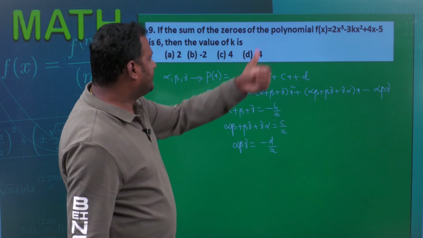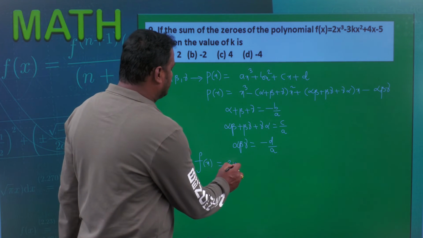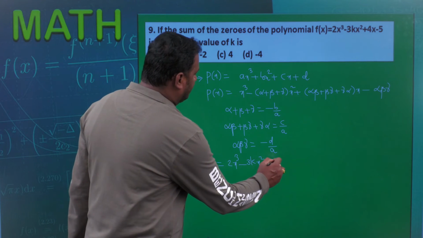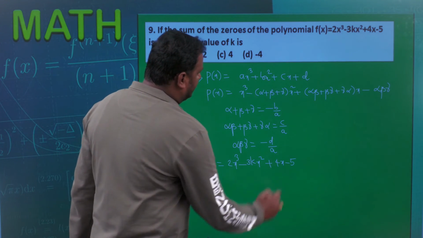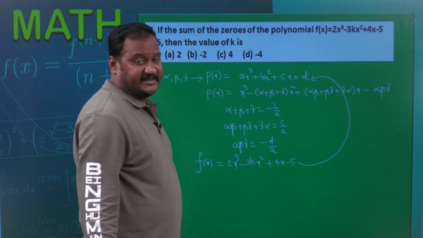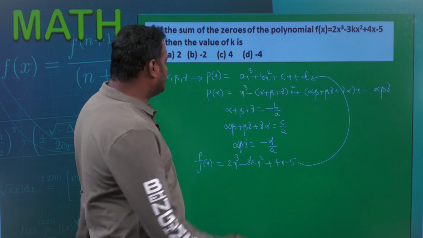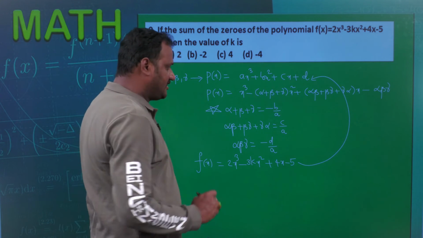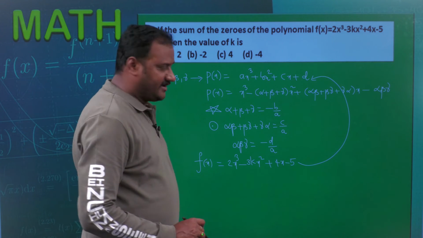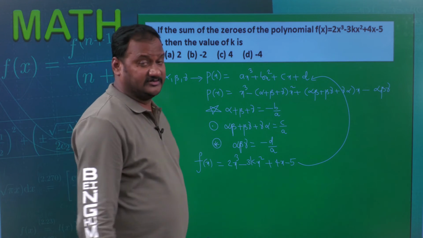Now our third degree polynomial is f of x is equal to 2x cube minus 3kx square plus 4x minus 5. Now if you compare this with ax cube plus bx square plus cx plus d, this is the sum of the zeros, this is the sum of product of zeros taken 2 at a time, and this is the product of zeros.